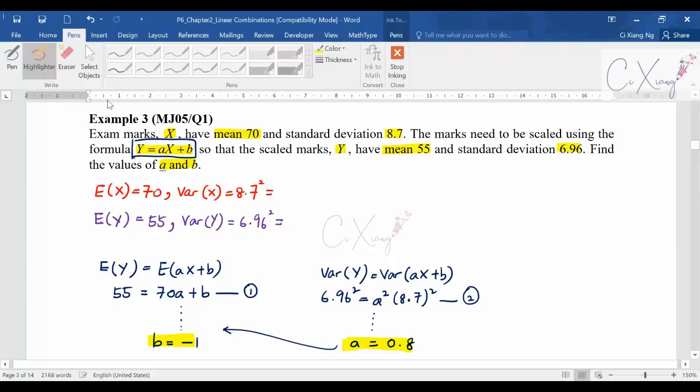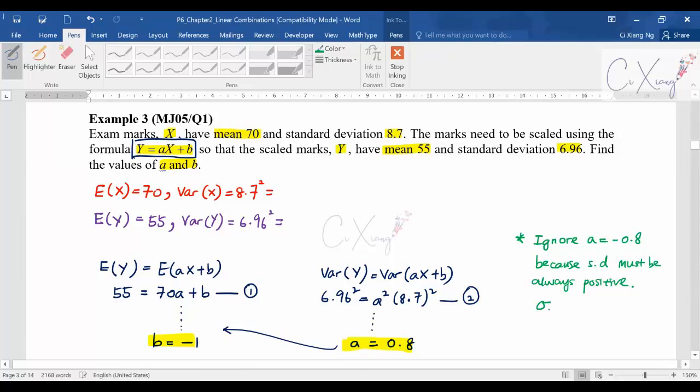And then for this question, some of the students, when they continue to solve the question, might realize that they got two values for A, and you have to ignore one. So here, if you get the value A equals -0.8, then we have to ignore it. Why? This is the reason: because the standard deviation or variance must always be positive.